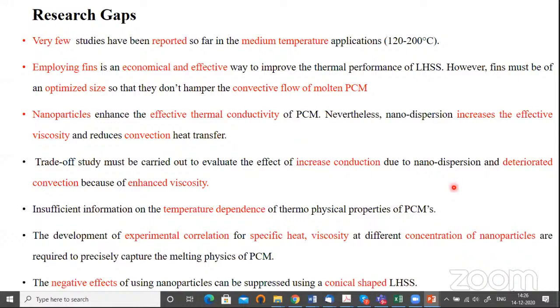Of course, there are various studies, but insufficient information regarding the temperature dependence of the thermophysical property of the phase change material is also a criterion. Therefore, we developed an experimental system which can take care of this limited study available for this medium temperature application of latent heat energy storage system.